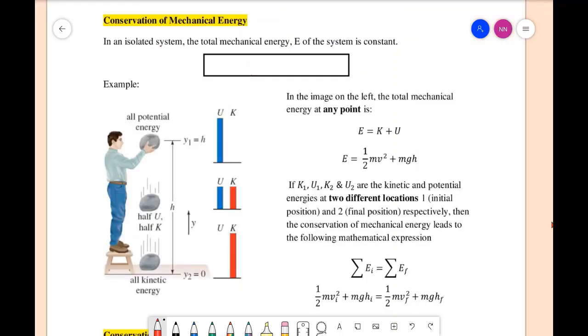Conservation of mechanical energy. In an isolated system, the total mechanical energy E of the system is constant. Mechanical energy consists of kinetic energy and potential energy. So mechanical energy E equals kinetic energy, the symbol is K, plus potential energy, the symbol is U. So it is constant.